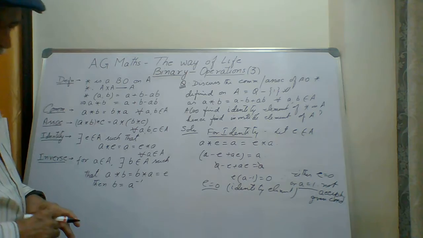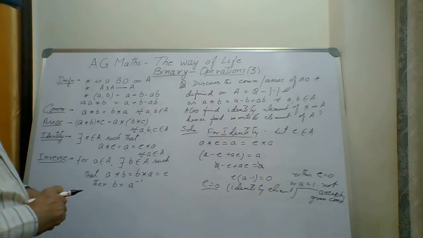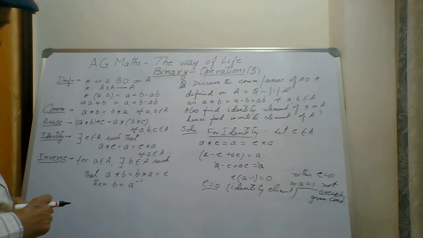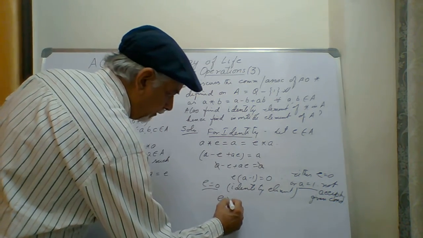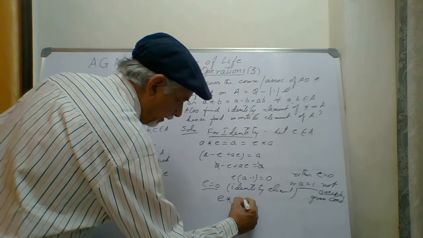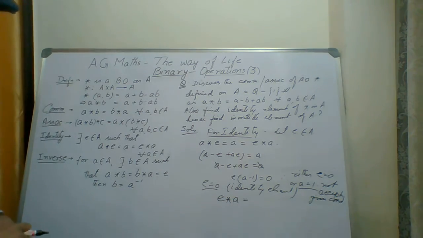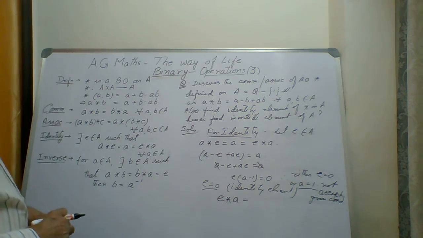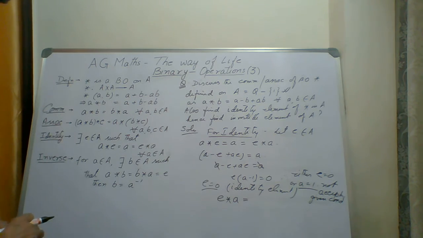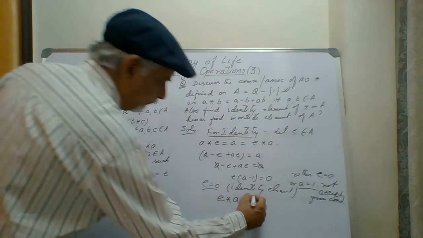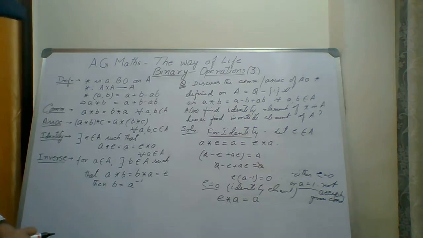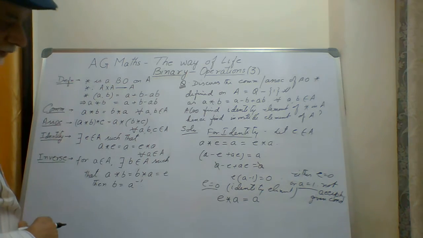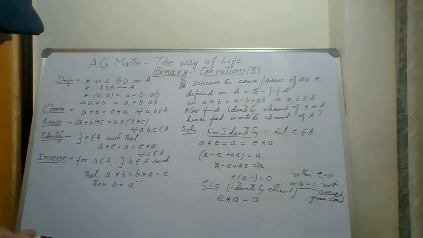Now technically speaking, if we get E is equal to 0, then the second relationship should give me A as per this. So here also we must get E is equal to 0.